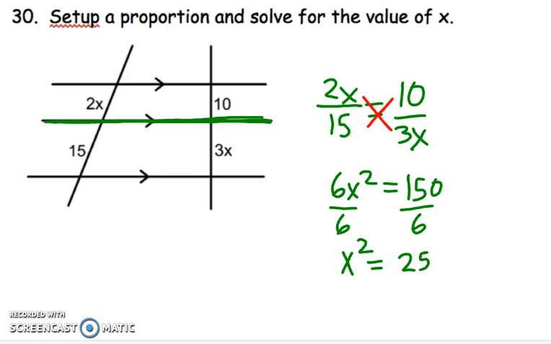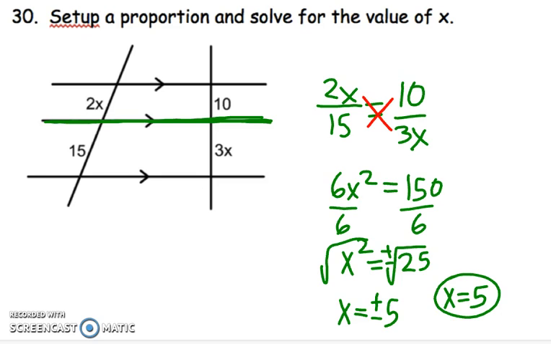Now take the square root of both sides. Don't forget your plus or minus there. And our x is going to equal plus or minus 5. When we go back to the original diagram, we know that our length cannot be negative. So our answer is just going to be x equals 5 for this problem.